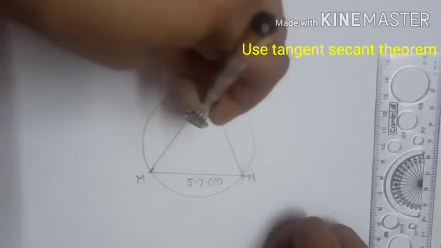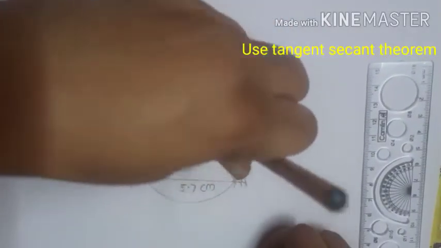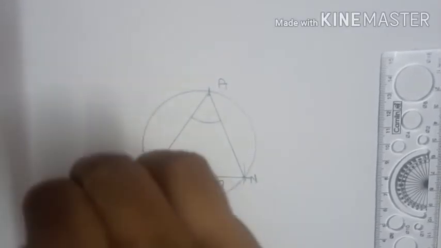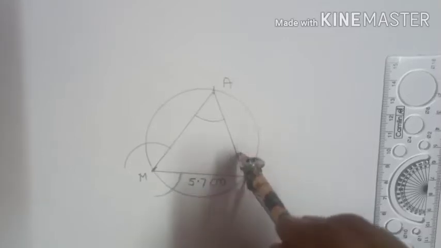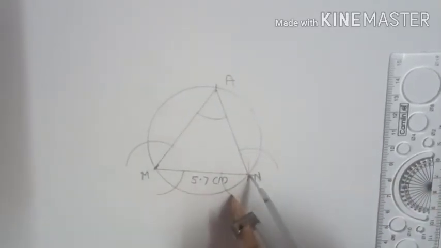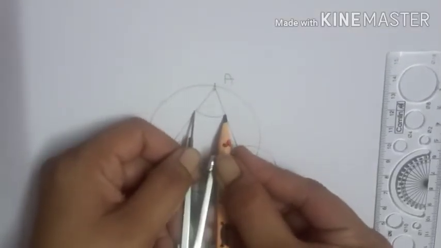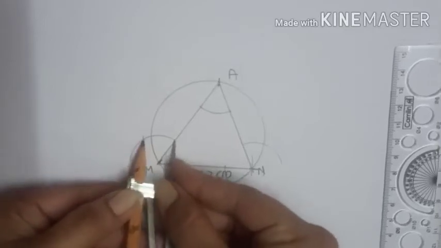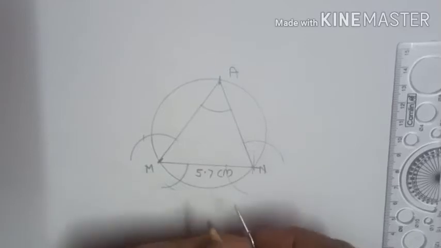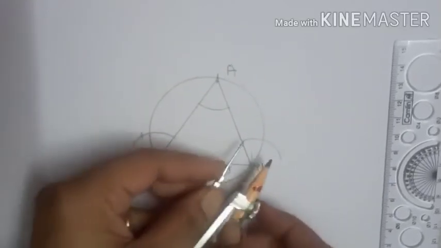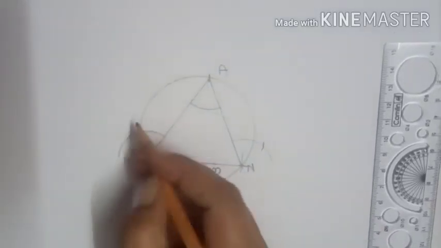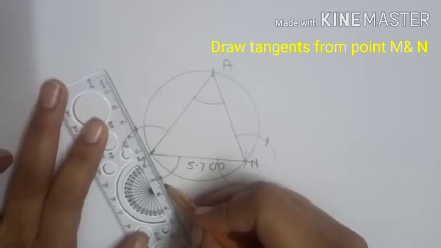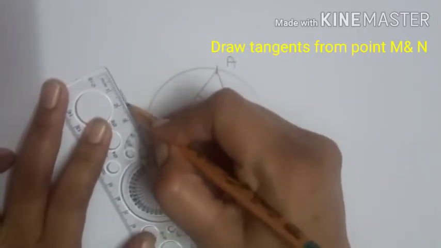By using the tangent secant angle theorem, we will draw an angle congruent to angle A, making arcs from angle A to the exterior part of the circle from point M and point N. Now we will measure the distance between both the ends of the arc on the sides, and we will draw a congruent angle near point M and point N. Now draw tangents from point M and point N to the circle without using the center of the circle.